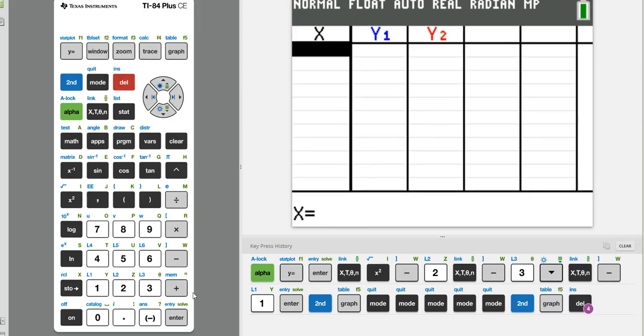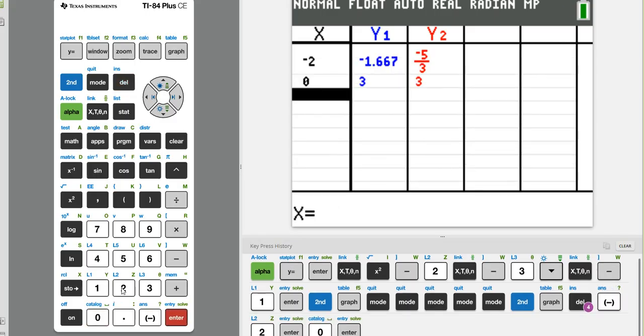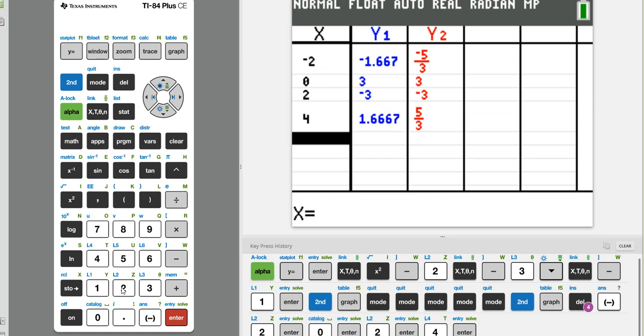Let's type in the ones that Madison suggested, -2, 0, 2, and 4. So you can see a little bit of the difference. That other expression, the second one that I typed in, gives me a fraction, whereas this gives me a decimal. But it's still telling me the same information either way.